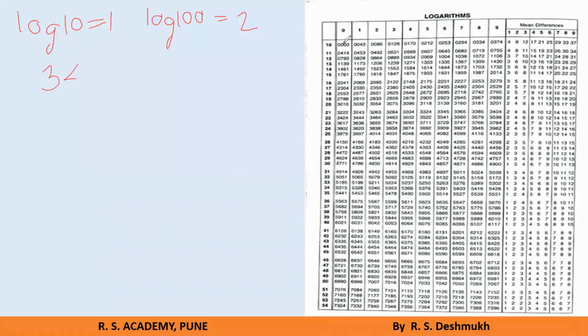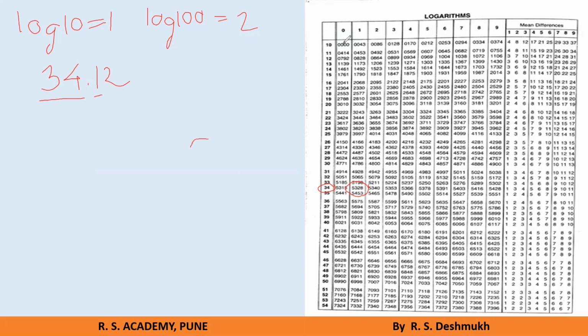If it is 34.12, how will I find the log of this? The first thing, as I said, is that the first two digits should be seen in the vertical first column. So here it is 34, dear friends, and thereafter it is 1. That 1 should be obtained from the difference table, that is 5328.